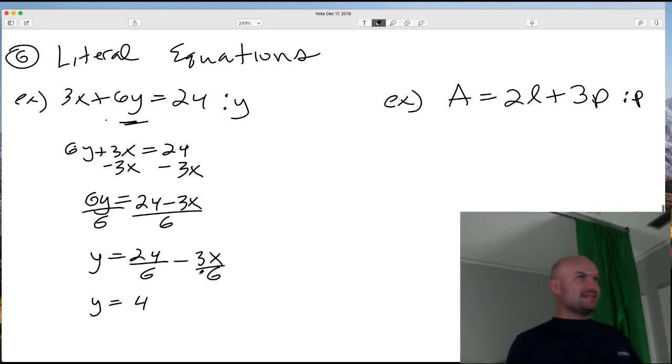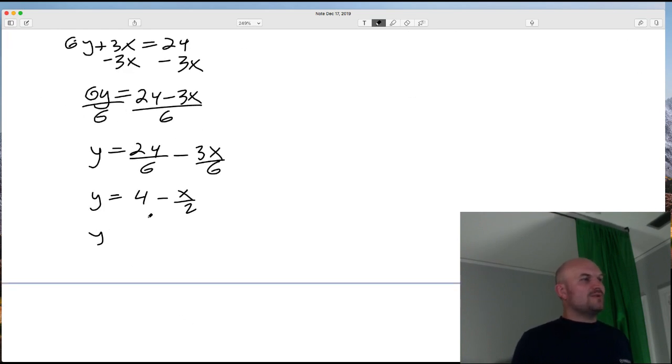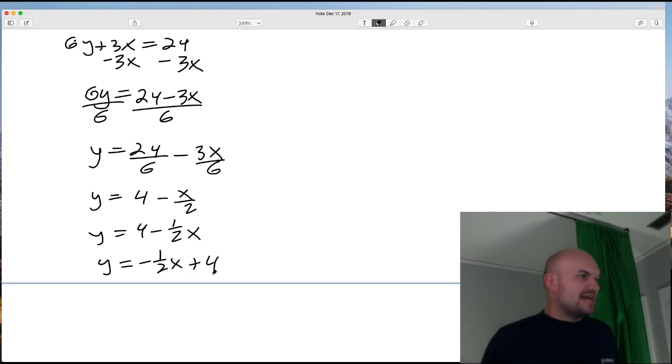And then 6 doesn't evenly go into negative 3, but we can simplify that to give us negative x over 2, or we could write this as y equals 4 minus 1/2 x. And this is one that you would see in graphing linear equations. So that'd be y equals negative 1/2 x plus 4.